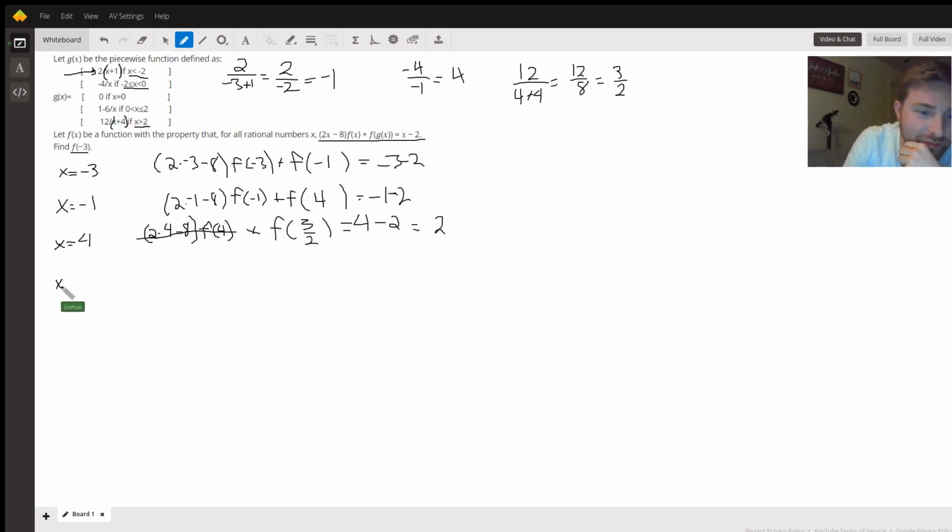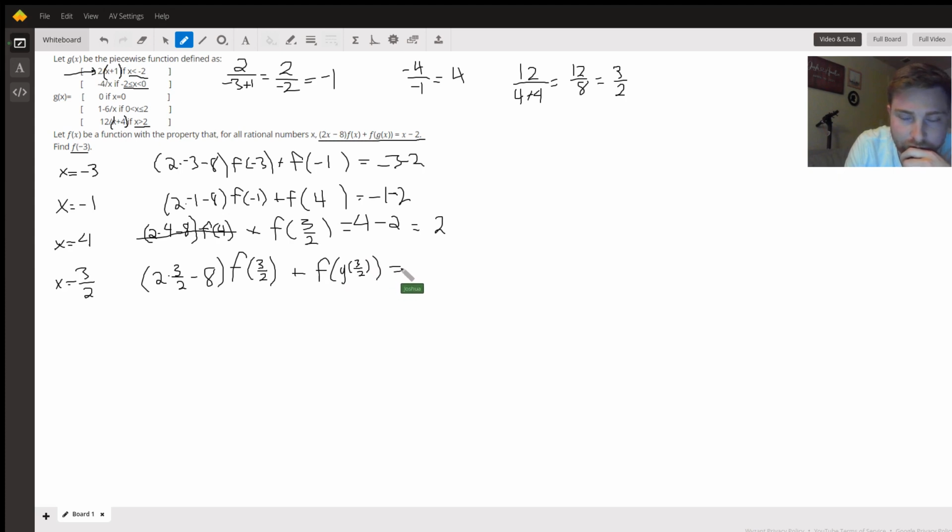What happens if we input x equals 3 halves? So we get 2 times 3 halves minus 8, times f of 3 halves, plus f of g of 3 halves, and that's going to equal 3 halves minus 2.